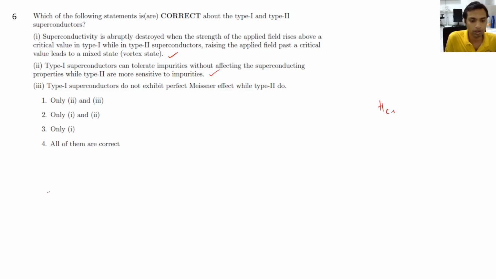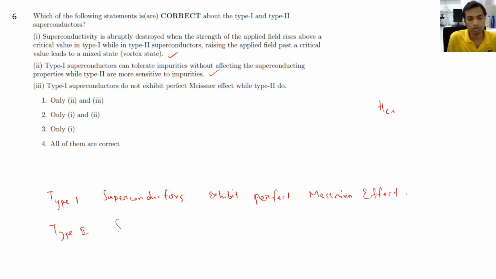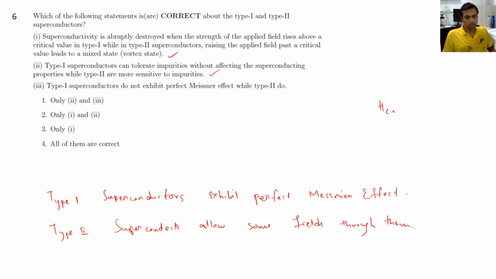Actually, type 1 superconductors exhibit perfect Meissner effect, and type 2 superconductors allow some fields through them; particularly in the vortex state they allow some magnetic flux to pass through them.